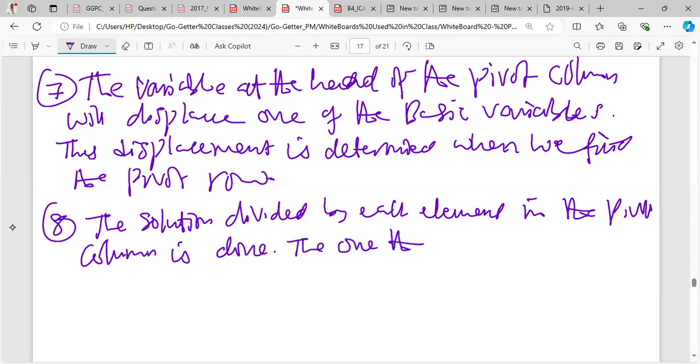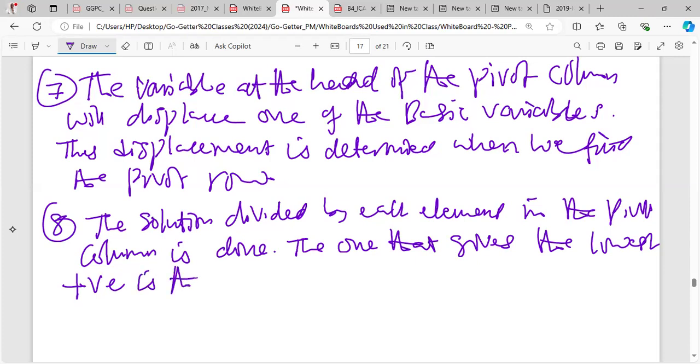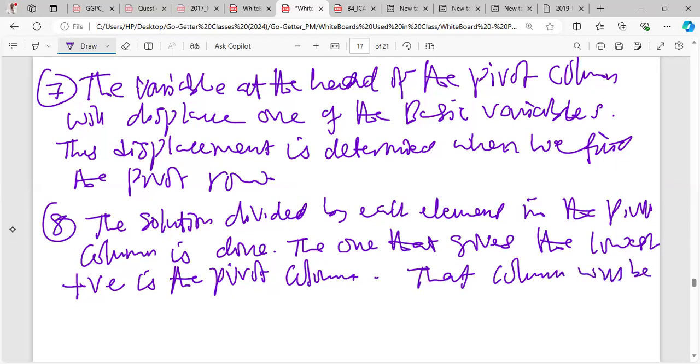The one that gives the lowest positive is the pivot row. Remember, for the pivot column it is the highest negative; for the pivot row it is the lowest positive. That row will be displaced.